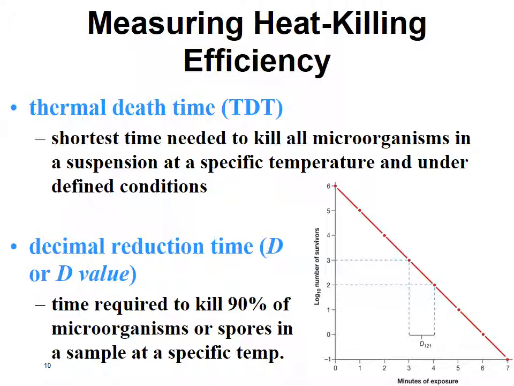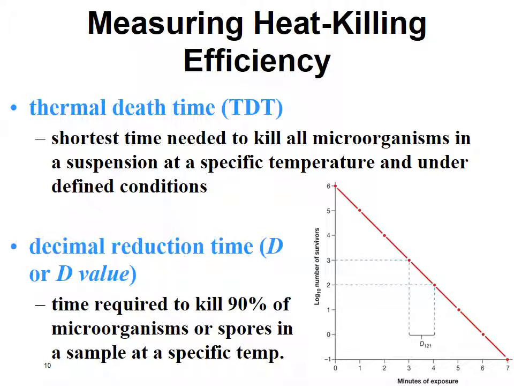This measurement is the time required to kill 90% of the microorganisms or spores in a sample at a specified temperature. And we can see that in this logarithmic plot of the population remaining versus the time of heating.